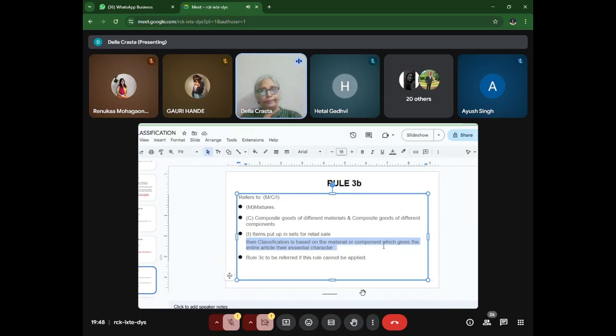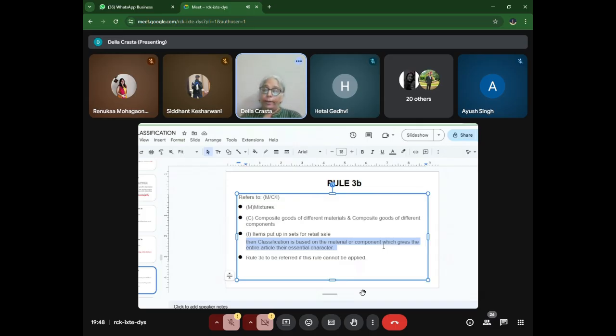What we did in 2B, what was the understanding of rule 2B? We saw the ratios of the two elements and then decided. So we checked the proportions of the mixed components, and then we took the HS code of the one which had the major portion, or which gave the essential character of the main item with the major proportion.